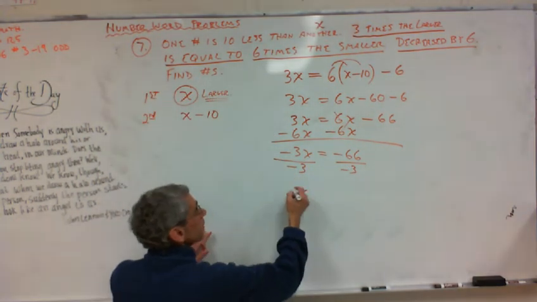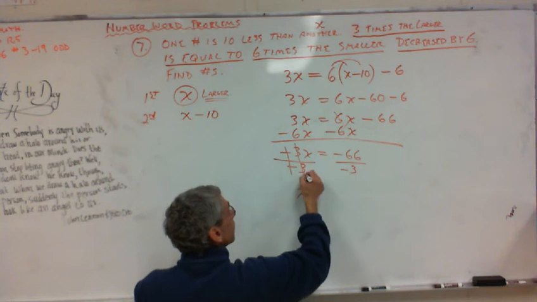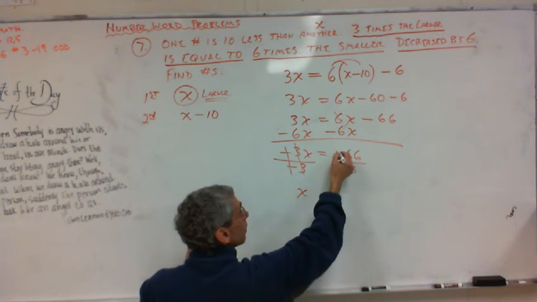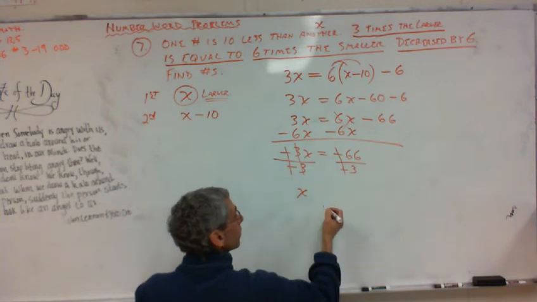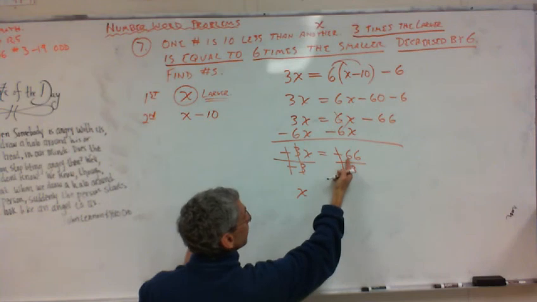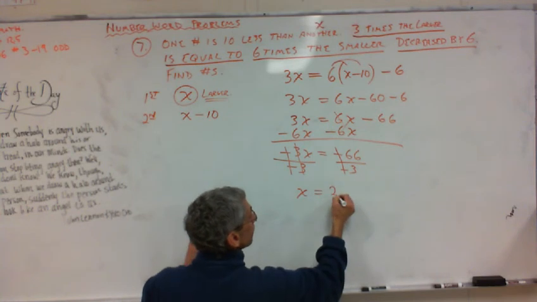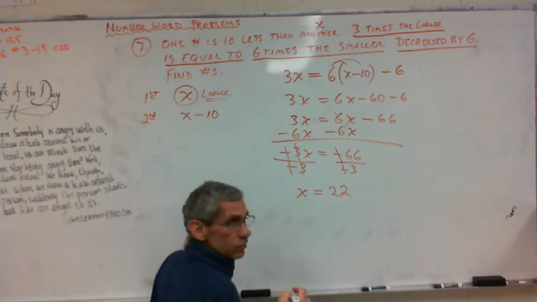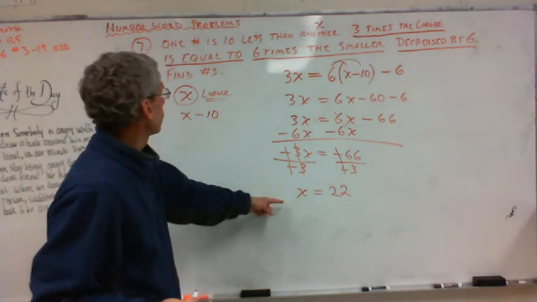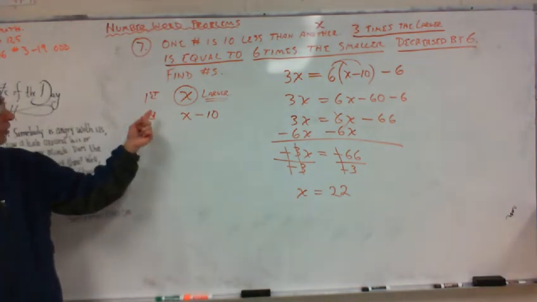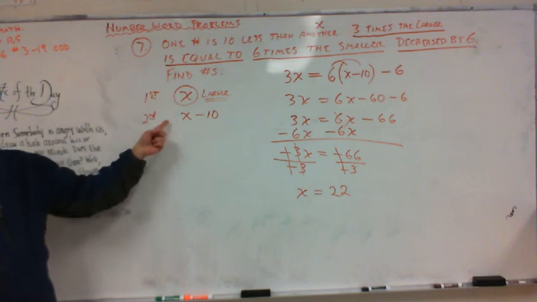So you have x, the negatives cross out, the 3's cross out, all you have left is x. Over here, the negatives cross out, so all you have left is 3 goes into 6 twice, and 3 goes into the other 6 twice, 22. So my answer, one number is 22. So I come back to my original thing where I have my first number and my second number.